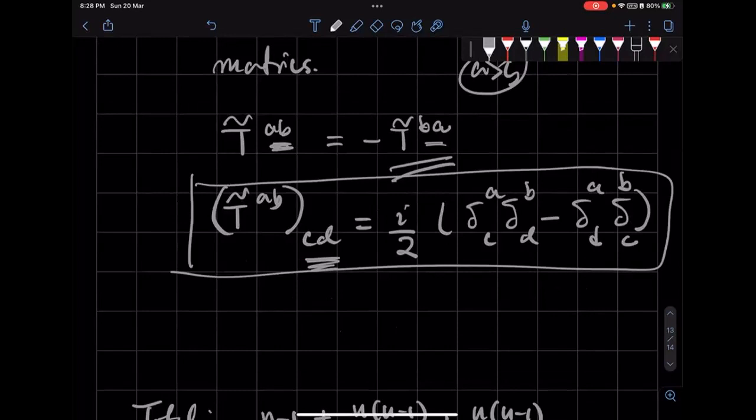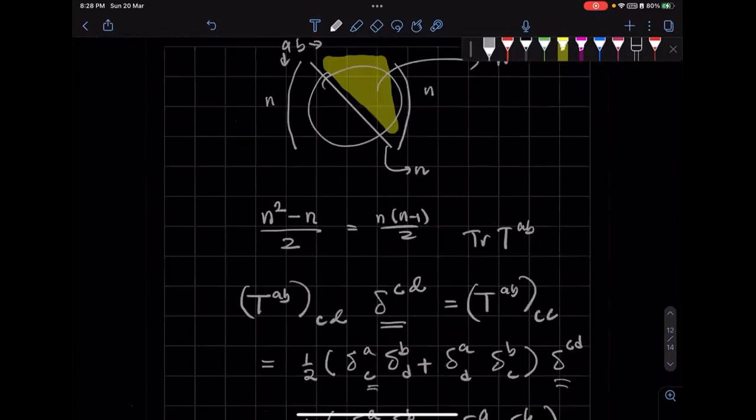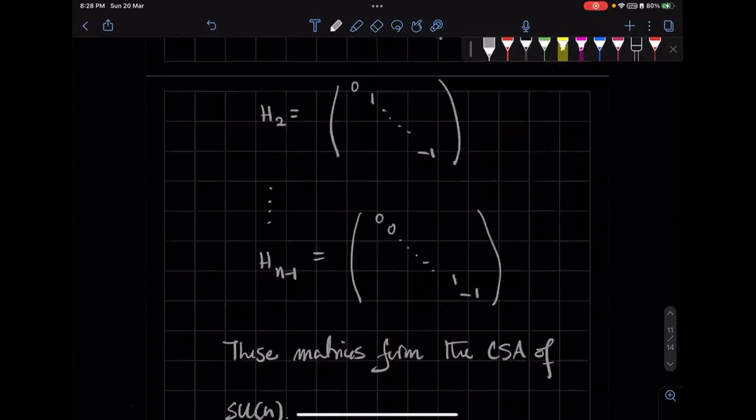Sir, what did the different notations H and T mean? I was a bit confused. Oh, yeah, I'm using H for the Cartan subalgebra, the maximally commuting set. If you draw this matrix, you can show that the elements of H all commute, because they're all diagonal matrices.